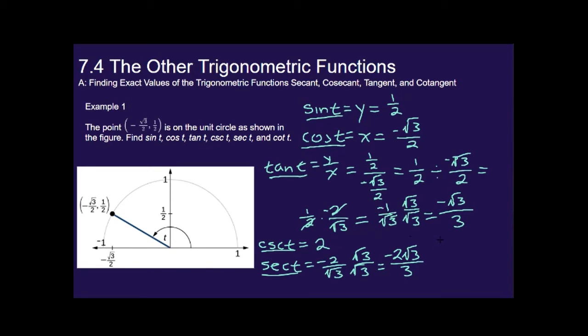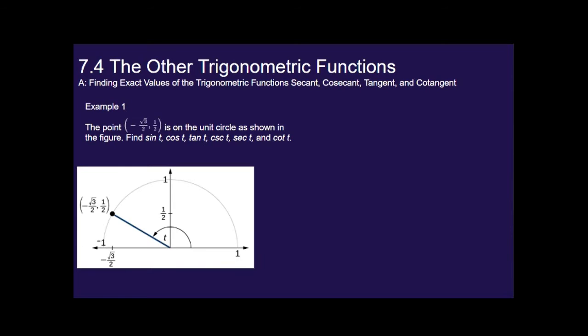So I can take the reciprocal of that, cotangent of t, flip that over. I have to keep the negative, and it's -√3. And there's my cotangent. Okay, so that's how you would use the ordered pairs, the x and the y, to find sine, cosine, tangent, cosecant, secant, and cotangent on the unit circle.